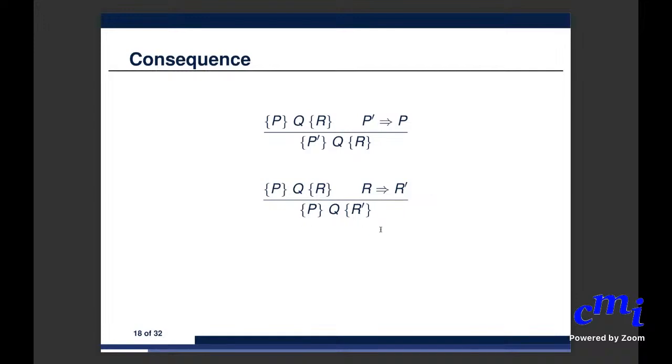After forward propagation to the exit point, you show that the strongest postcondition at the exit point implies the actual postcondition for the entire program. Or you propagate backwards and show that the actual precondition implies the weakest precondition propagated to the entry point.